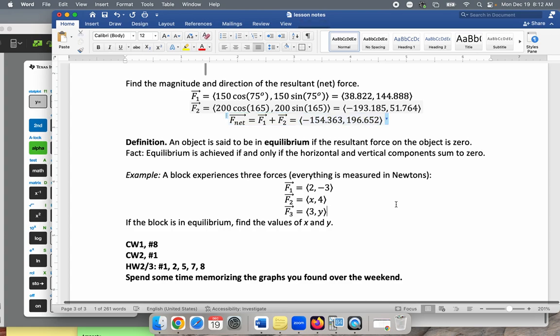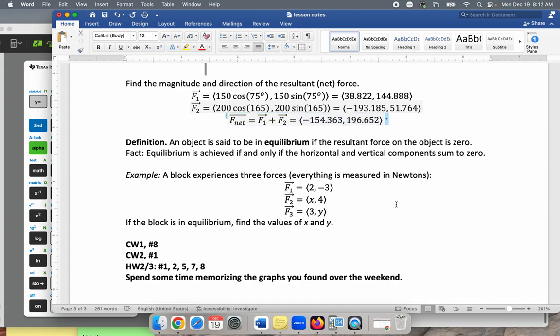Okay, so we're just about done with today's lesson. The last thing I want to talk about is a very important concept from physics called equilibrium. There's actually different kinds of equilibrium, but we're not going to worry about that in this class. An object is said to be in equilibrium if the resultant force on the object is 0.